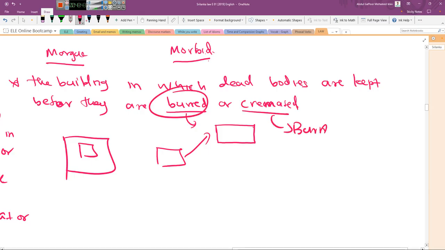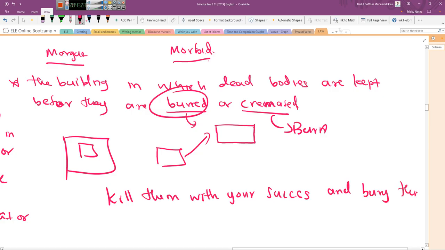And bury means, you see, Vijay is telling in a speech, kill them with your success and bury them with your smile. What does it mean?